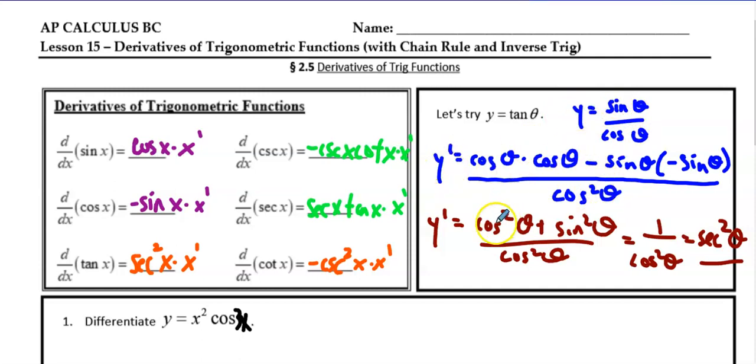We used the quotient rule. We used an identity, which is 1 equals cosine squared plus sine squared. And then we did the reciprocal: 1 over cosine squared is secant squared. That's how we get that. You can derive all four of these trig functions by doing simple quotient rules after rewriting them into sine and cosine. So it's actually pretty cool.